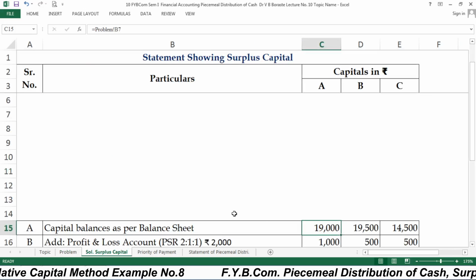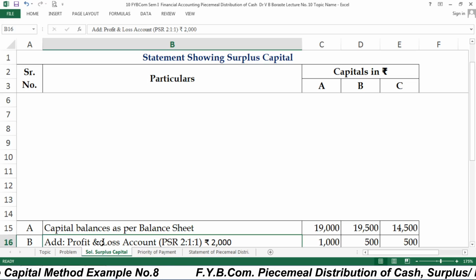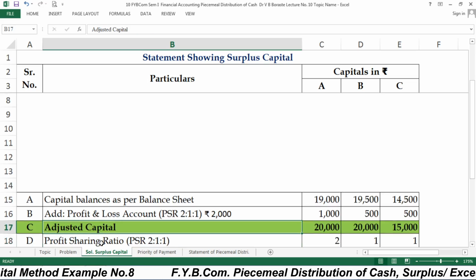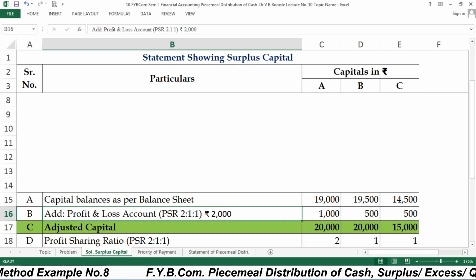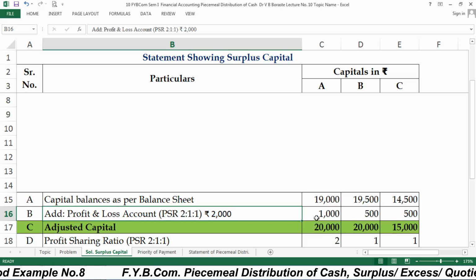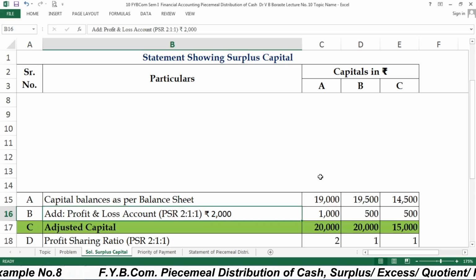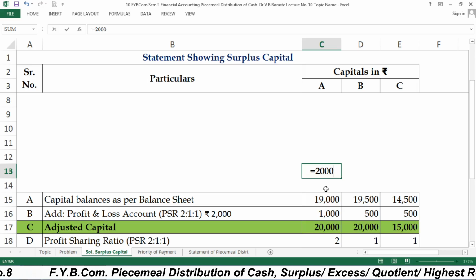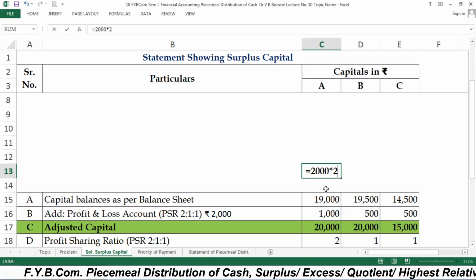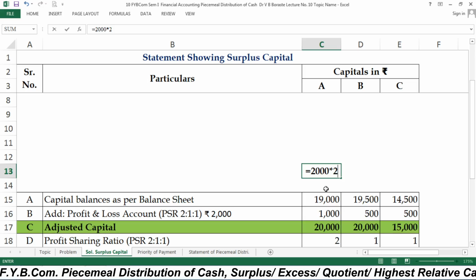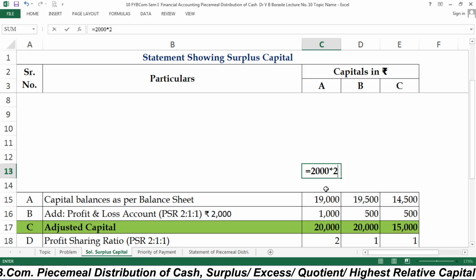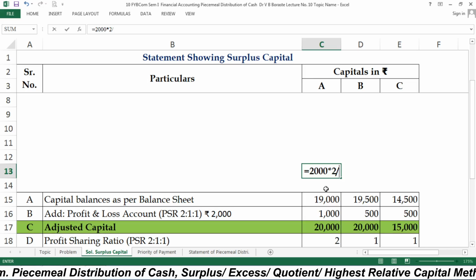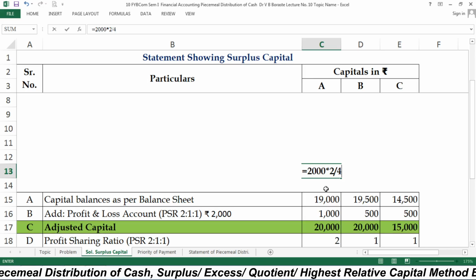So we have to distribute 2,000 between 3 partners. Here add the profit and loss account, amount rupees 2,000, distributed among the partners. So 2,000 is distributed to A, B and C in the ratio of 2:1:1. That means multiply by 2, divide by 4, since 2 plus 1 plus 1 is 4.